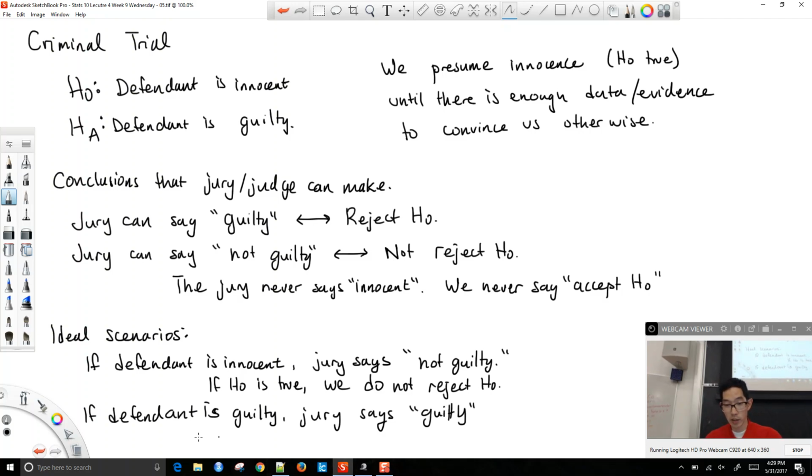Or if the null hypothesis is false, we reject the null hypothesis. These are the ideal scenarios.